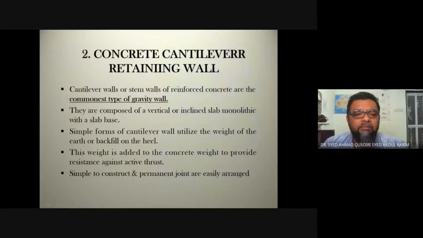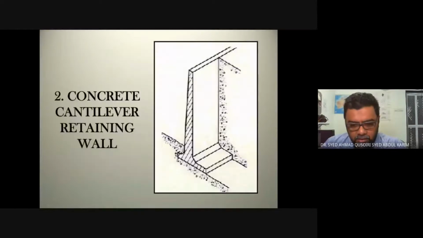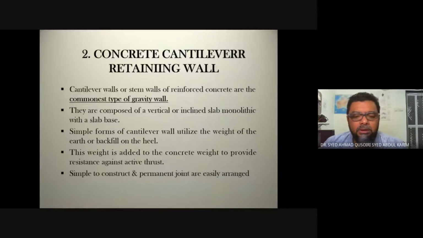Cantilever wall or stem wall of reinforced concrete are the common type of gravity wall, composed of vertical or inclined slab monolithic with a slab base. So again, a vertical with a base. So it is a simple form.